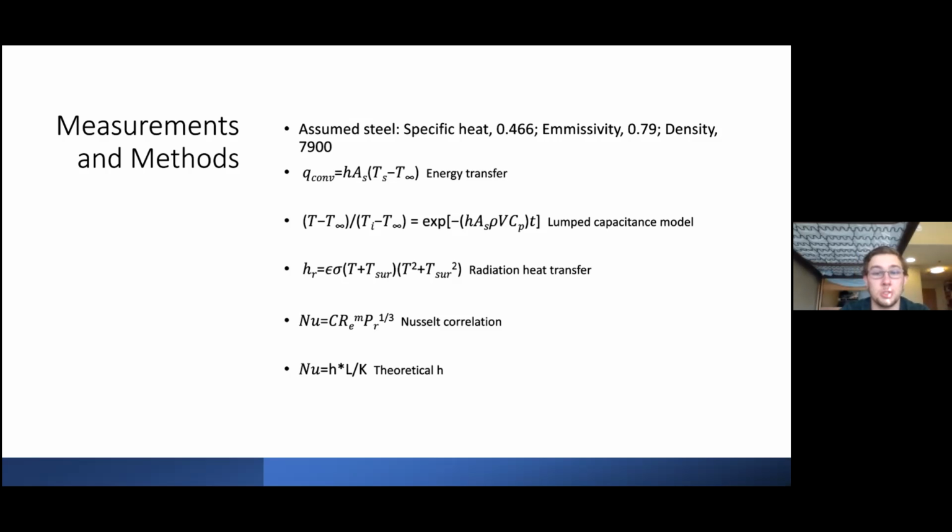The group found Nusselt's correlation by Nusselt's number equal to C times Reynolds number to the power of m times Prandtl number to the power of 1/3. C and m are part of the Hilpert correlation. For theoretical h, we use the Nusselt number times thermal conductivity over length.